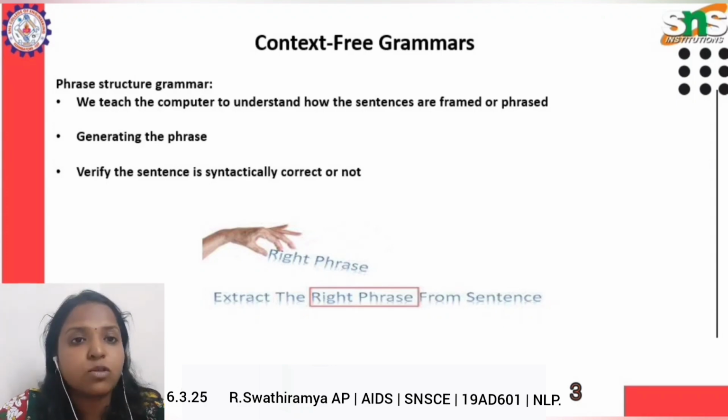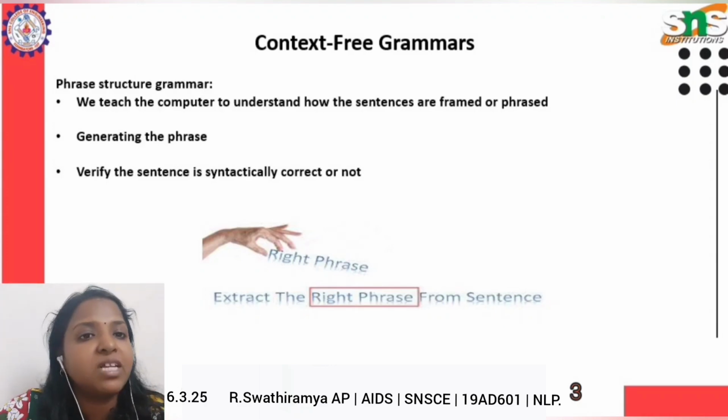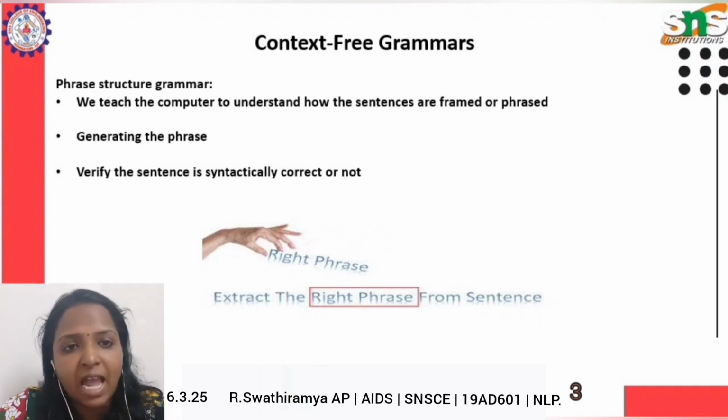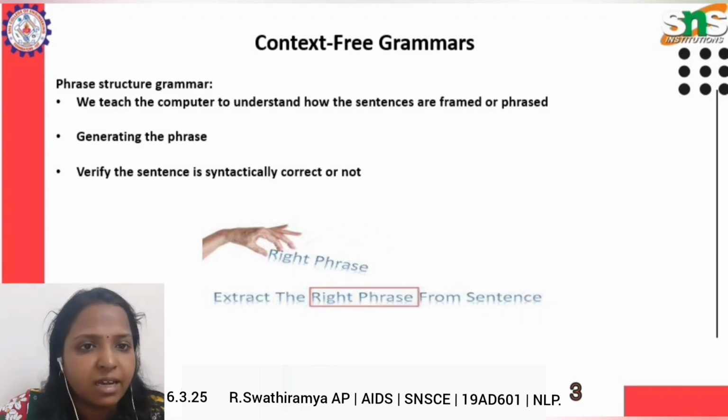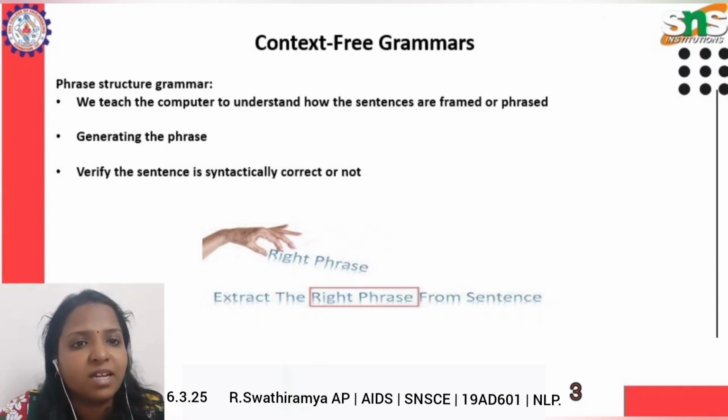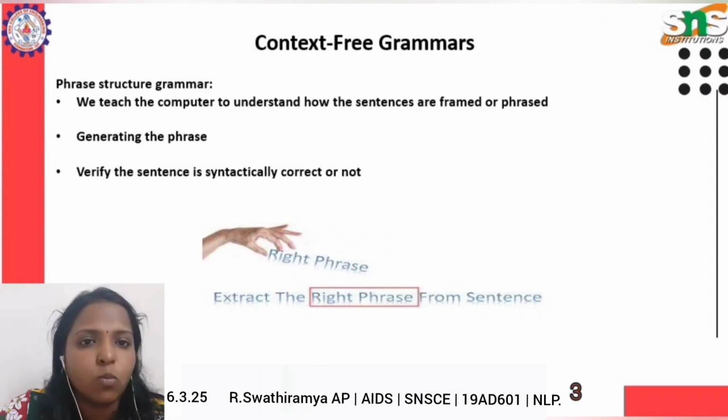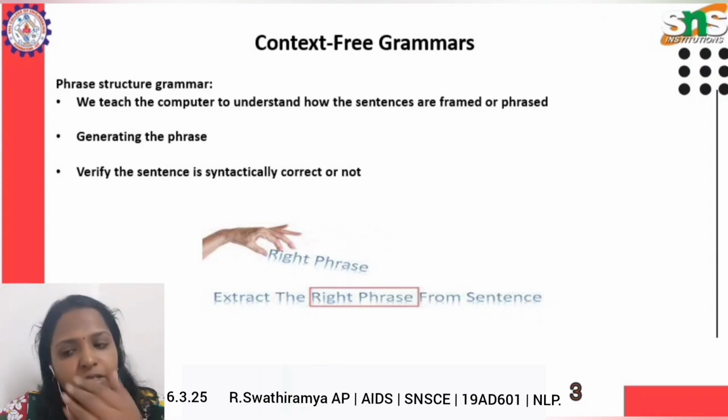The main purpose of NLP is to teach a computer or a device to understand our natural, that is human speaking, language, and also to regenerate the human speaking language as humans do. So this CFG, this grammatical aspect, is also used here to frame the sentence syntactically correct and also to verify the sentence spoken by humans, whether it is syntactically correct or not.